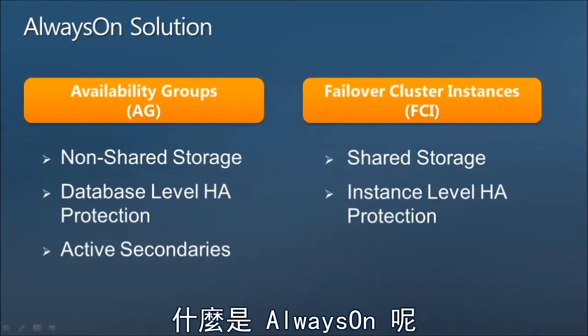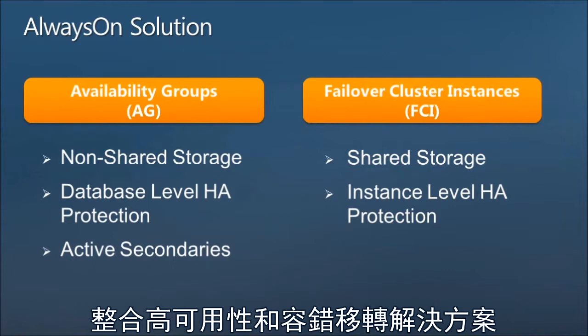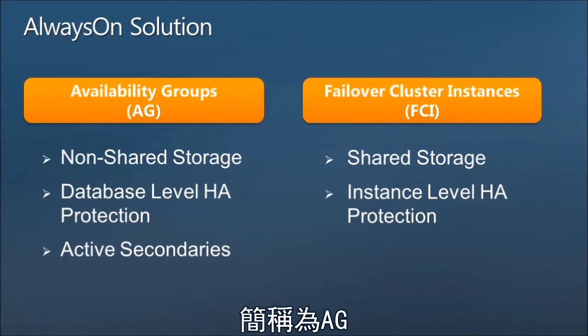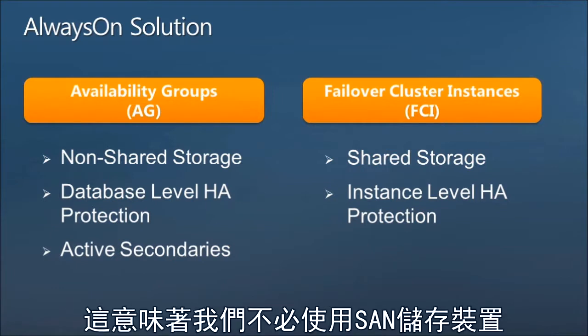So what is Always On? Always On is the integrated high availability and disaster recovery solution we provided in SQL Server 2012. So Always On has 2 technologies. The first one is availability groups. We also call it AG. Always On AG is based on non-shared storage, which means you don't have to use the SAN storage.